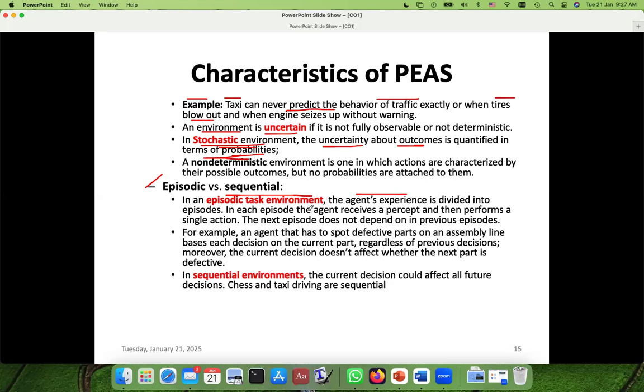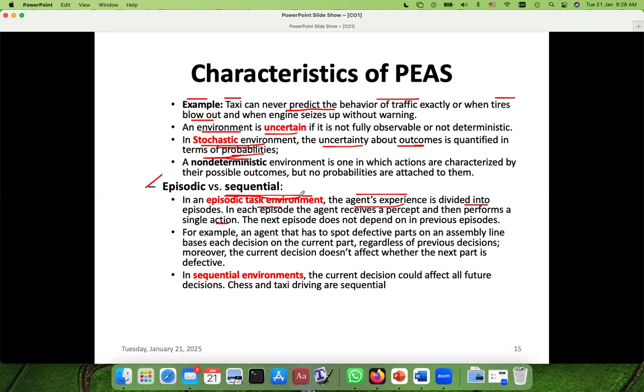In each episode, your agent will take a percept, and then based on this percept, it will perform an action, and then you will reach the next episode. And the quality of this episodic task environment is what? The next episode does not depend on the previous episode.